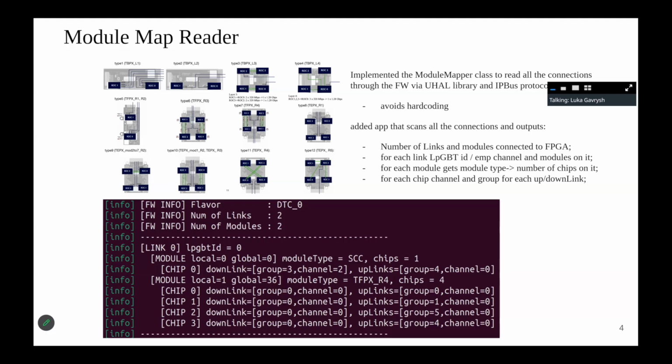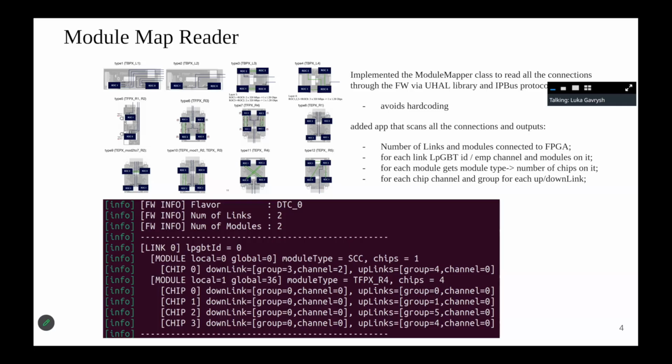What is the module map reader tool and why is it important? So basically, as you can see on the top, we have 12 different module types that will be used, as I said, in different layers, TBPX, TFPX, and TEPX, and 2 more modules for tests, like a single chip card and TPX itself. To work with the connections and to implement the decoding from the firmware connections to the software, I use the uHAL library.